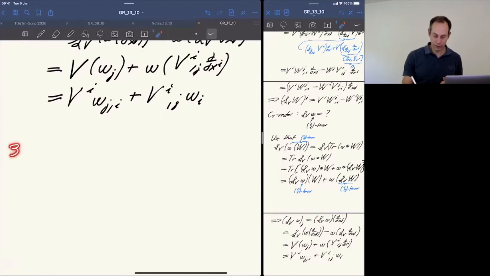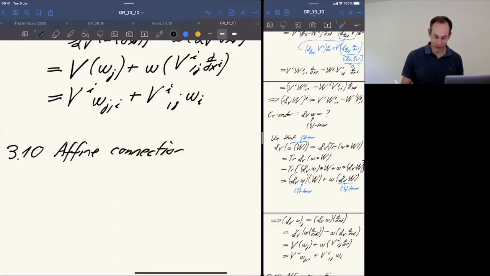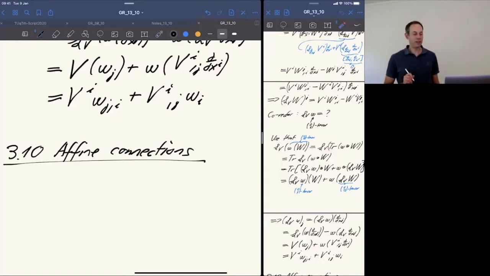The new section is called Affine Connections. Now you may wonder what this has to do with physics, because it doesn't obviously sound like a physics topic. But let me start with a thought experiment.